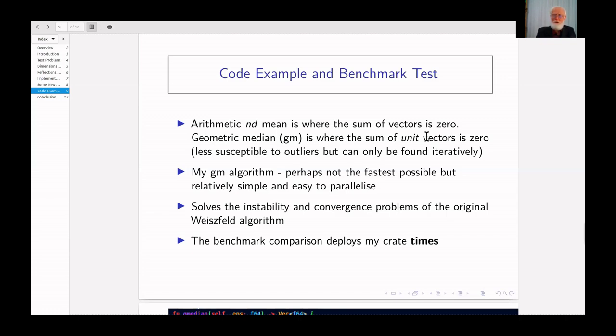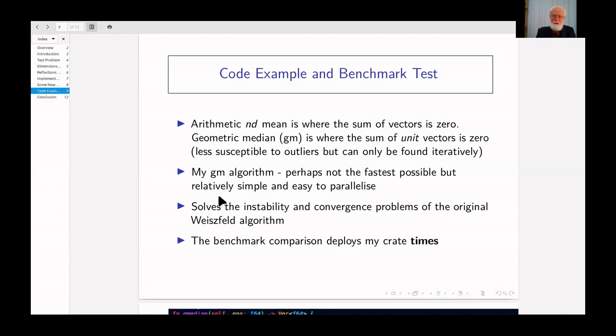So as you can see, because of the unit vectors, the square of the distance becomes less important, and the effect of this is that it's less susceptible to outliers. The drawback is that it can only be found iteratively.